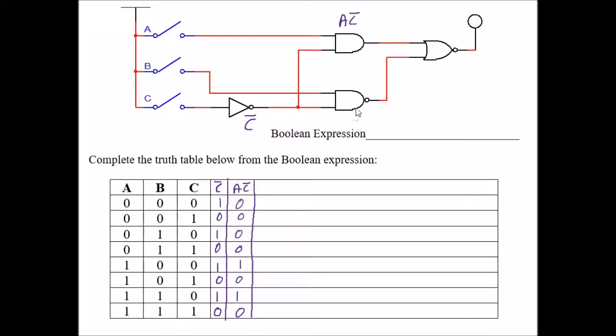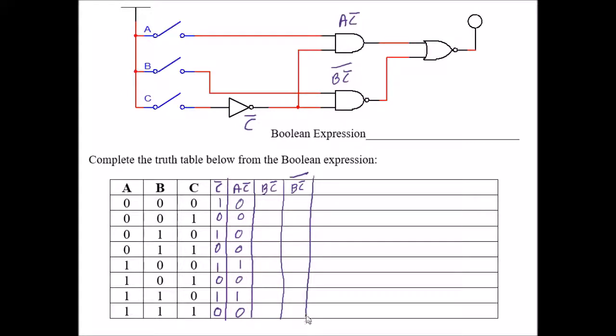Let's do this logic gate right here. This is a B ANDed with a NOT C, NANDed. It's a NAND gate, so I'm ANDing it and then I have an extra NOT on top. But I'm going to do this in 2 steps. I'm actually going to do B ANDed with a NOT C, and then in the next column, I'm going to do the NAND part of it, so it's just the previous column, NOTed.